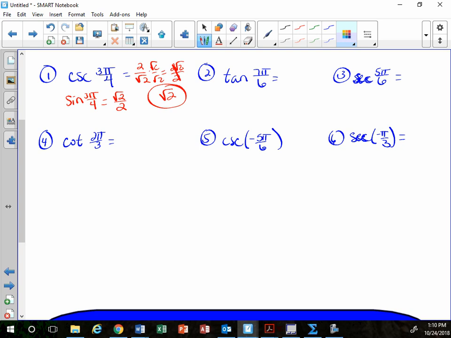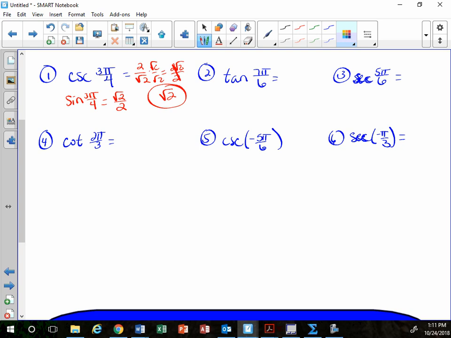There's some very pained faces right now. Alex is good, all right. Where did I lose you? Do you get the sine of 3 pi over 4? Okay, so you're okay with this. Cosecant just means flip that. So that's why I did 2 over root 2. But we're not going to leave it like that.